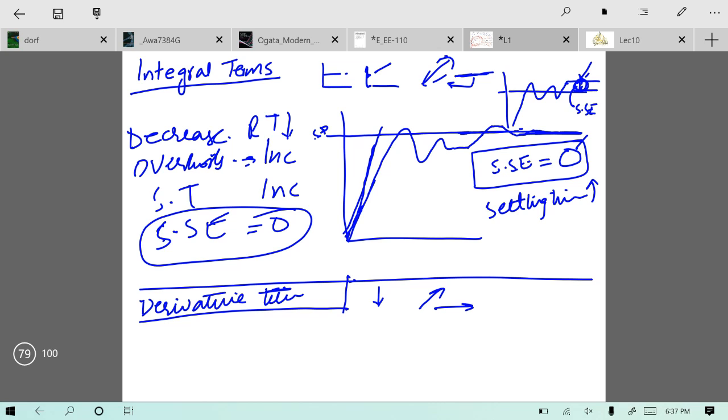It settles in less time. There are fewer vibrations and fewer oscillations due to this property.